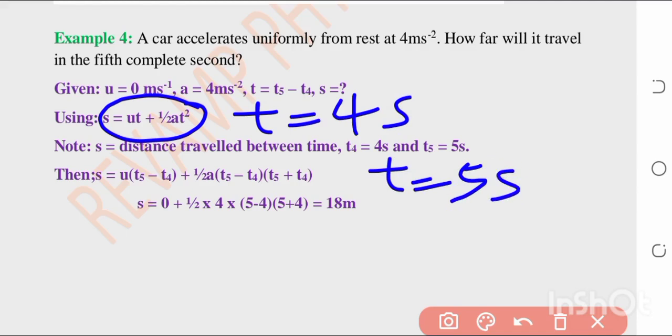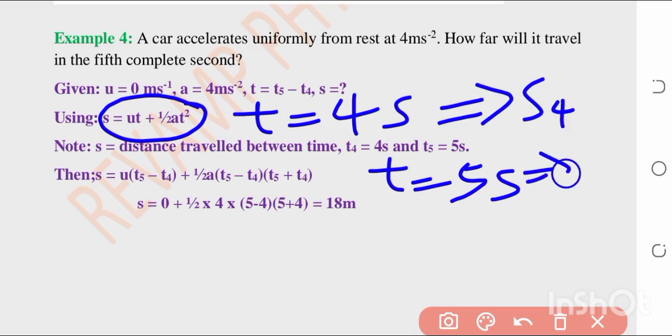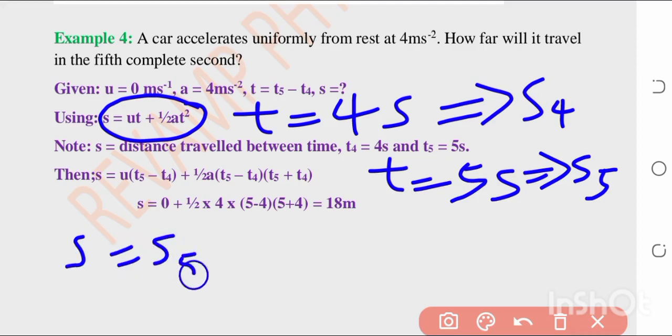So if this one is S4 and this one is S5, the distance traveled in the 5th second will be S5 minus S4. That's another way of solving this problem. So whichever way is easier for you is also good. You still arrive at the same answer.